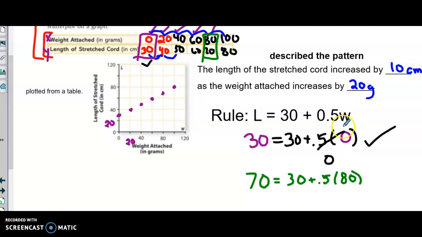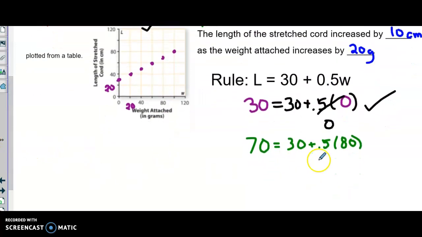Keep in mind, all we're doing is replacing this W with the weight in the table. 0.5 is the same as 1/2, or you could use your phone calculator to compute this. 0.5 times 80 would be 40. And is 30 plus 40 equal to 70? The answer is yes, it is.